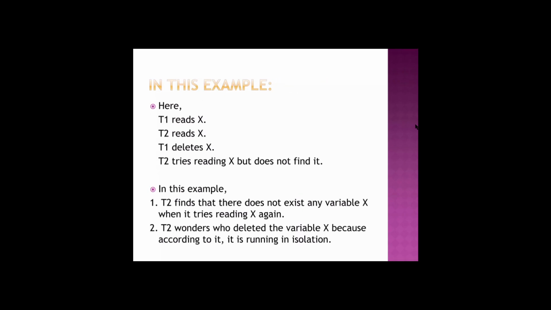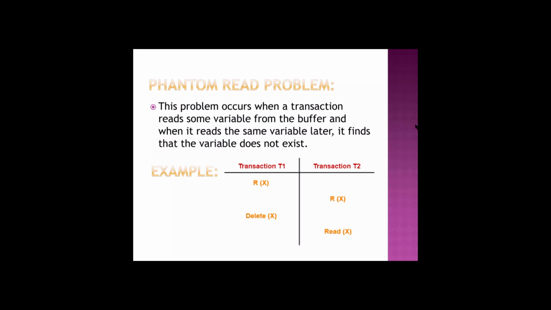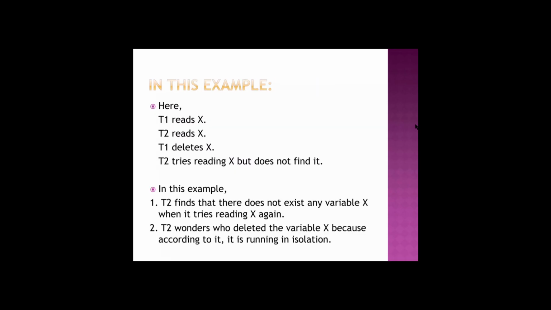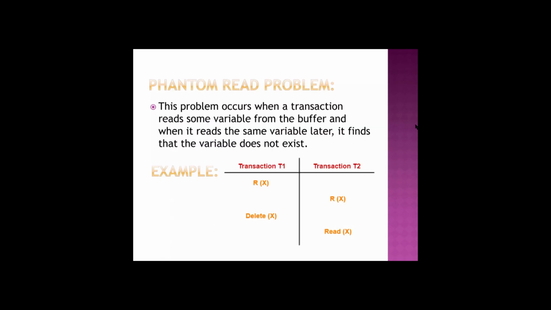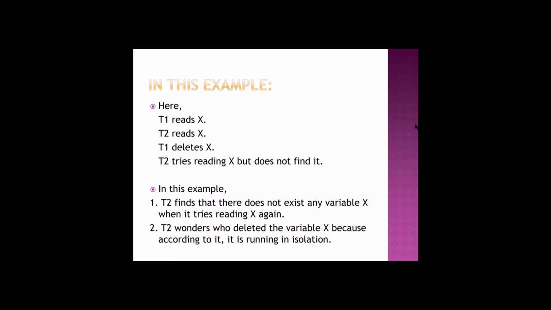T1 reads the value of X, then T2 reads the value of X, and then T1 deletes X. Later on, when T2 tries reading the value of X, it does not find it. T2 finds that there does not exist any variable X when it tries reading again. T2 wonders who deleted the variable X because according to it, again, it is running in isolation.